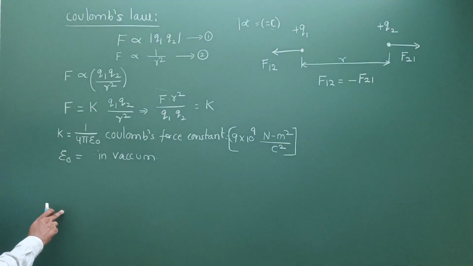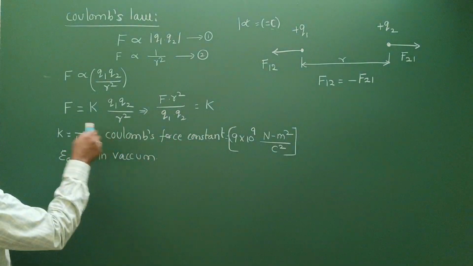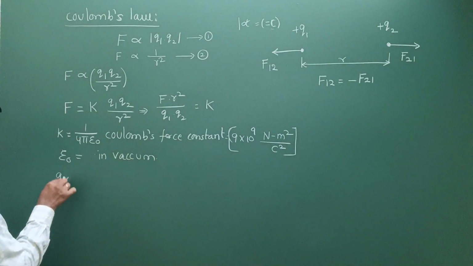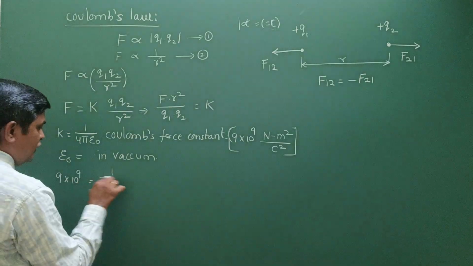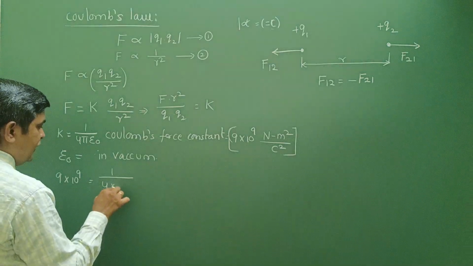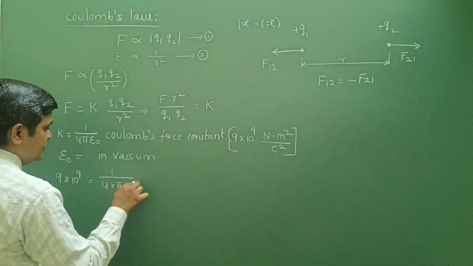So in that case, how much is epsilon naught? That is determined from 9 into 10 to the power of 9 being the k value, which equals 1 by 4 into pi into epsilon naught.